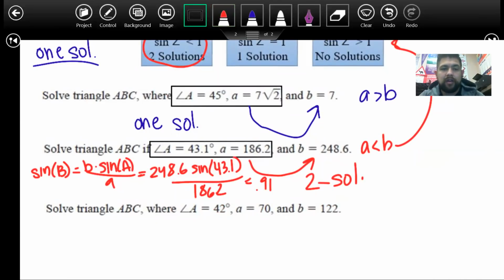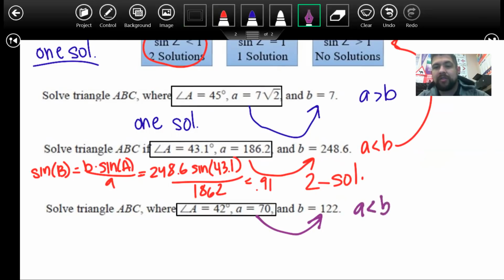Our third one here, the angle and its opposite side is 70. We can denote this as 122, so we can verify whether this is greater or less. Is the opposite side, which is A, greater than B, its other side? So we say that A is less than B. Again, it fits into this ambiguous case category.